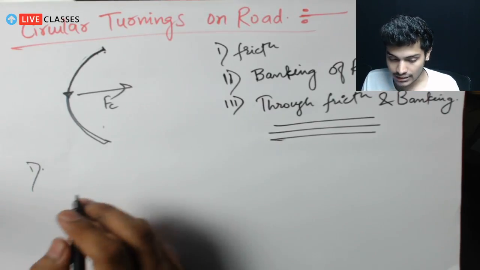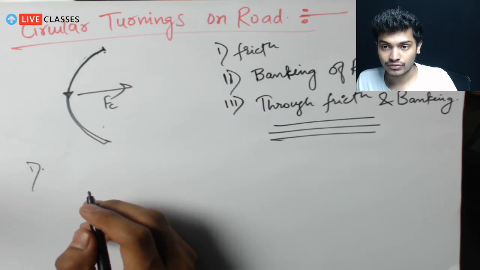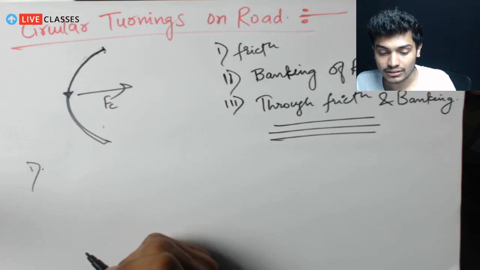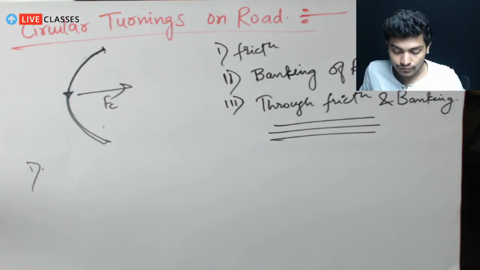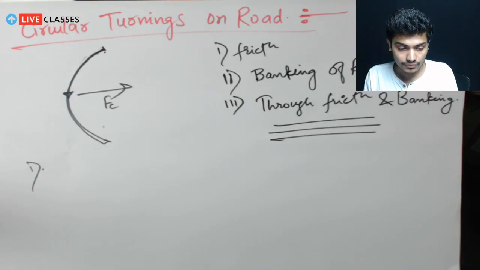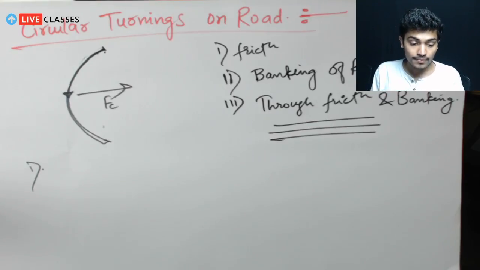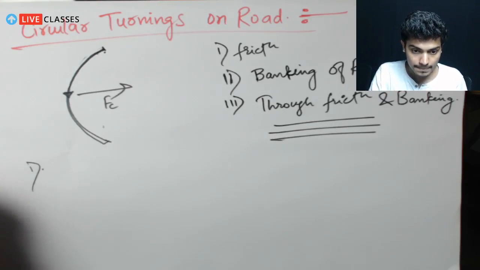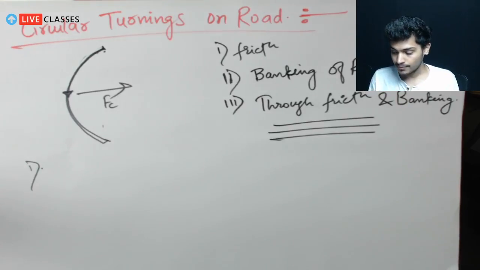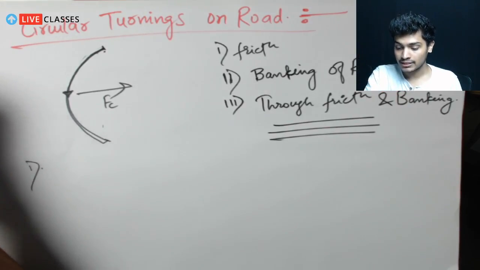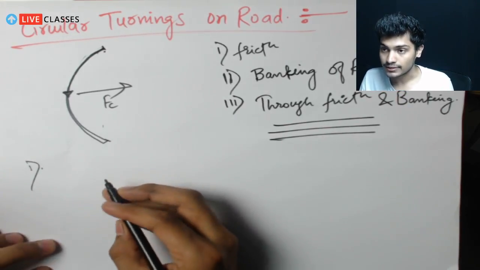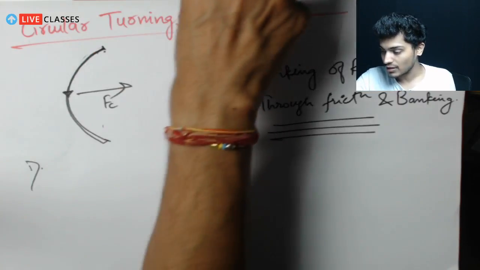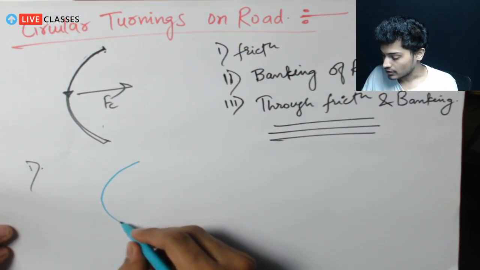So in the first case, friction will provide us the centripetal force. So first of all, let's consider the case when friction is providing the centripetal force. In that case, there is a circular turn.